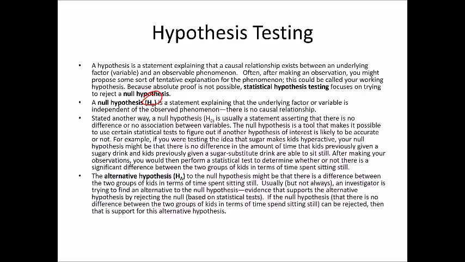On the other hand, we might have an alternative hypothesis that there is a difference between the amount of time kids given sugar and kids not given sugar can sit still. We're going to do a test to either reject or fail to reject the null hypothesis. If we reject the null hypothesis, that's saying there is a difference. So that's a way to support our alternative hypothesis, or HA.